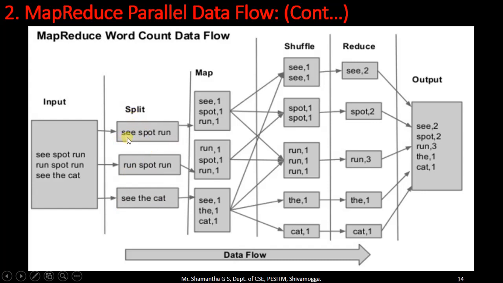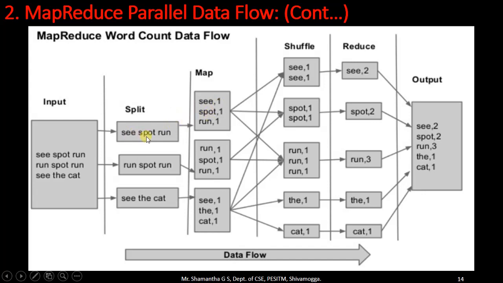The first line contains C spot run, the second line contains run spot run, the third line contains C the cat. The next step is mapping. Here we are going to assign the key value pair. C is the key and the value is 1. Why is it 1? Because C has been repeated one time.